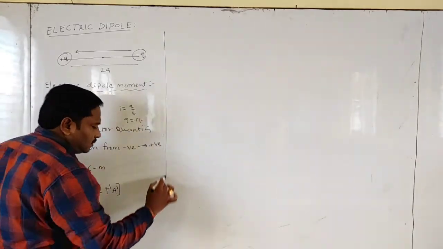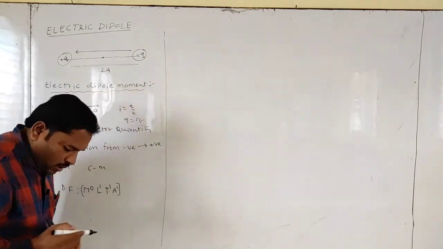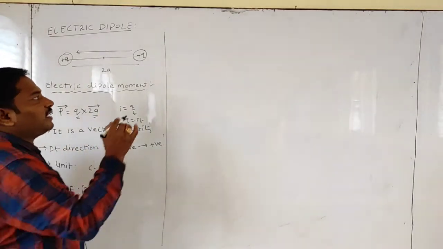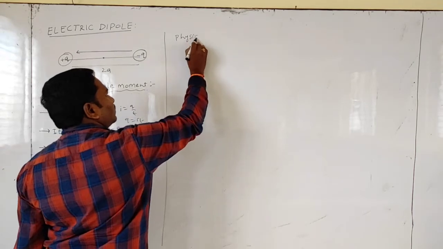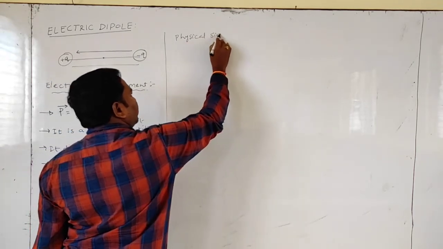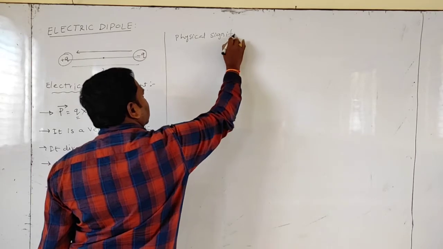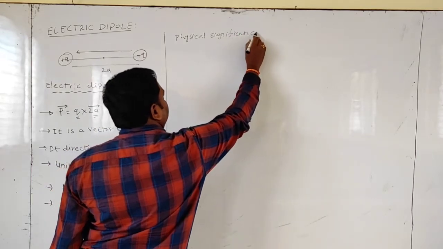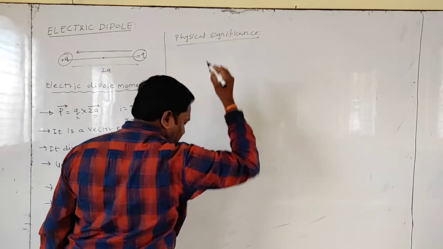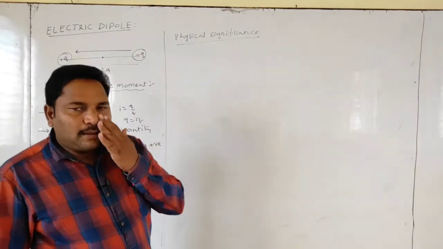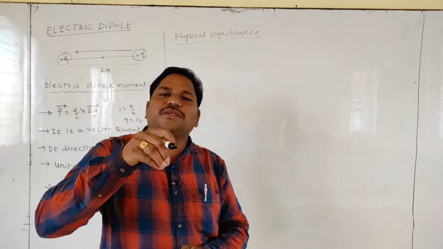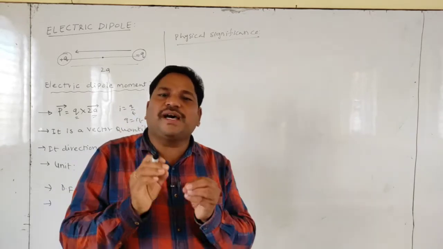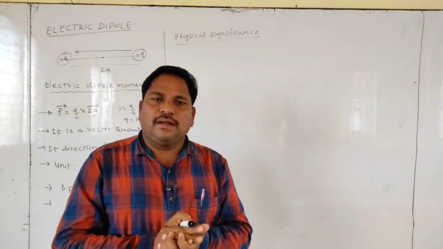Next, what is the physical significance of the electric dipole? In some atoms the center of positive charge and the center of negative charge coincide.